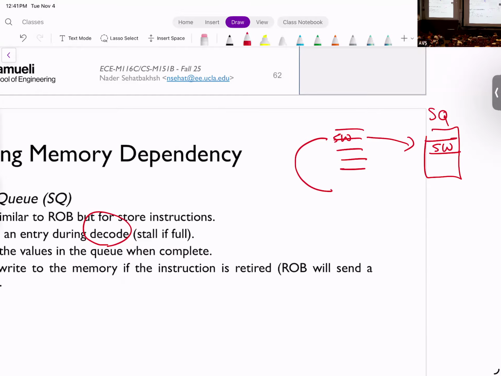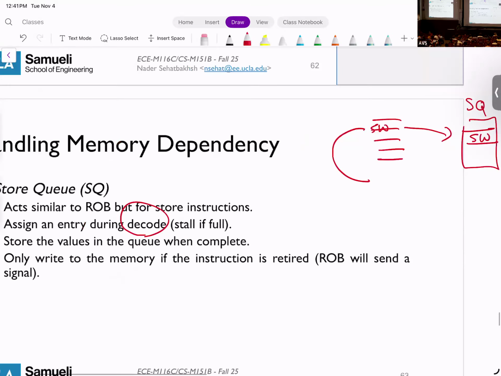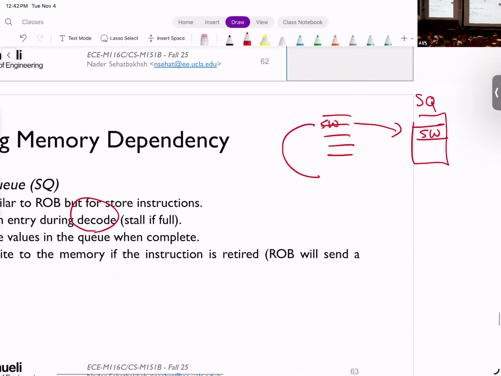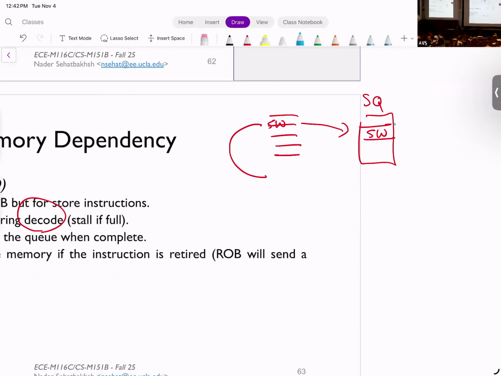Okay, so I'm going to say that, okay, there is a store word here. Then the value that is going to be written into this store queue is the value that, whenever this store word instruction is actually executed, I'm going to update.